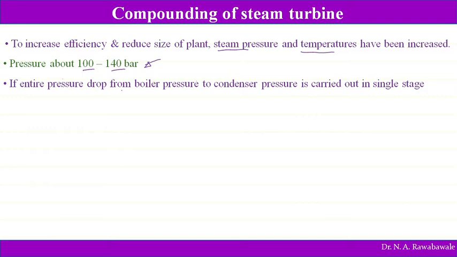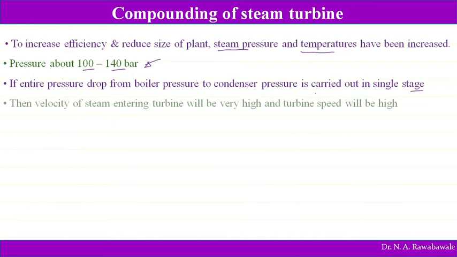If the entire pressure drop from boiler pressure to condenser pressure takes place in a single stage, then a very high velocity will be attained by the steam as well as the rotor of the turbine, and that will cause loss because of centrifugal force. The velocity will be very high, turbine speed will be very high.